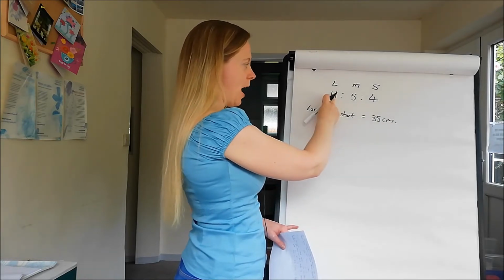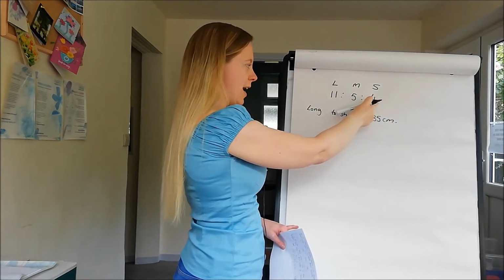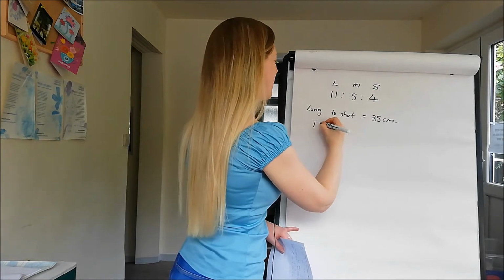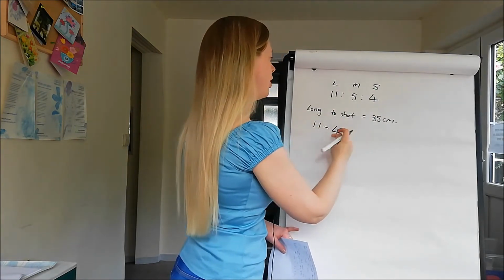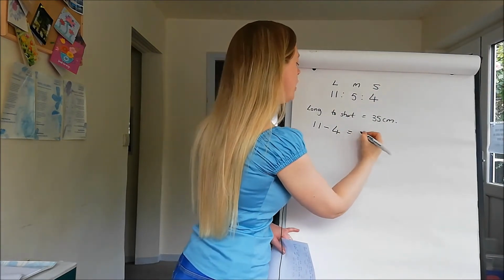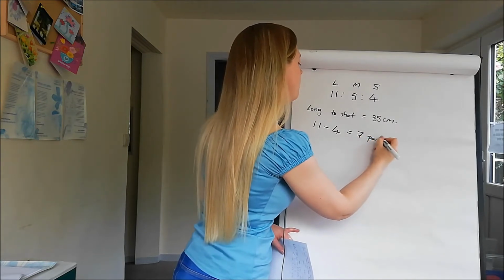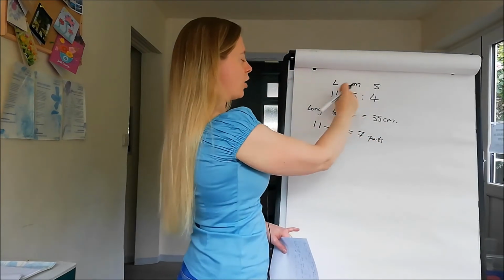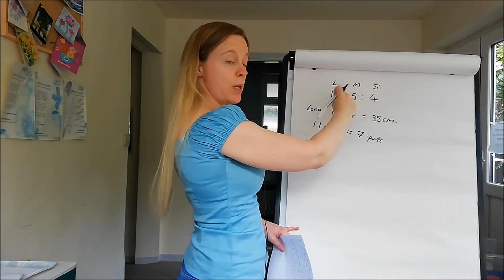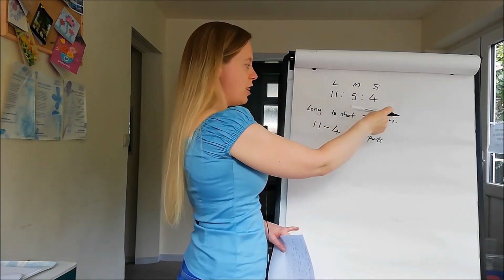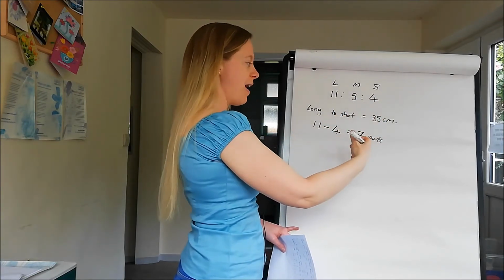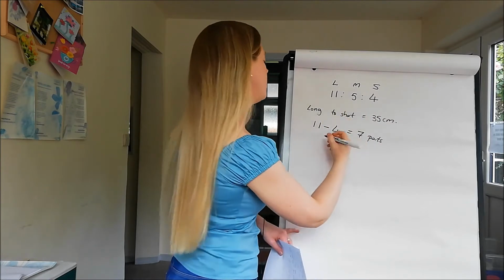Parts-wise, the long side is 11 parts and the short side is 4 parts. So again, the key to unlocking this question is to do 11 take away 4, which is 7 parts. So there's 7 actual parts worth of difference between the long and short sides, and that is worth 35 centimetres because the question says so.